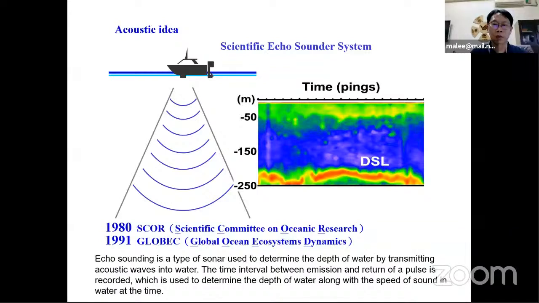Due to its depth, sometimes we call it the deep scattering layer, the DSL. Like that, we can use the acoustic system to detect depth. Sometimes we can find where the fish school stays and is easy to catch with the fishing gear, depending on which kind of fisheries.